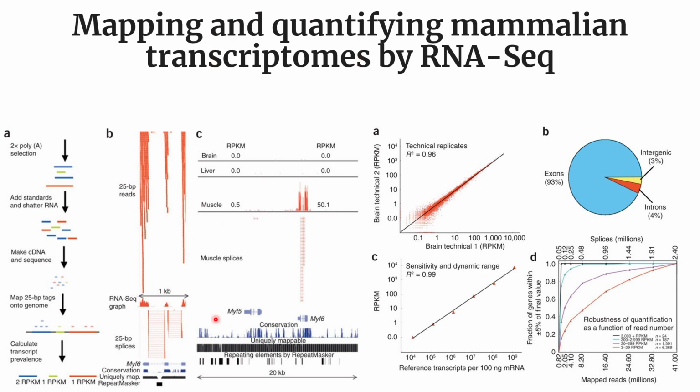Panel B represents an example. This is the example of a 1 kilobase genome sequence that has been analyzed by using this strategy.